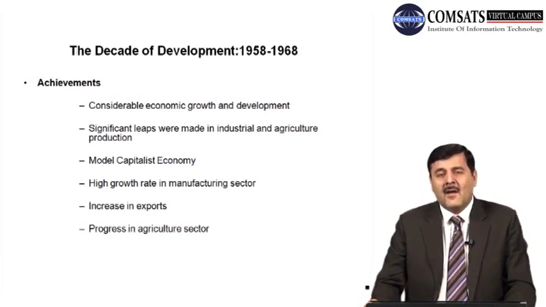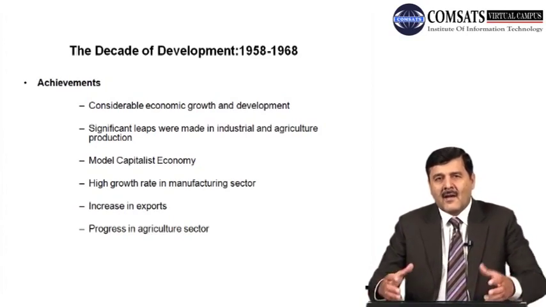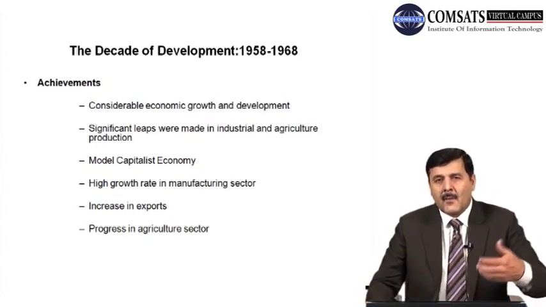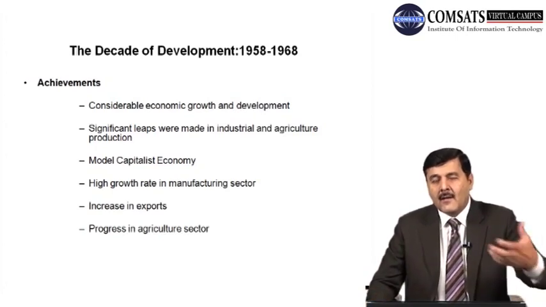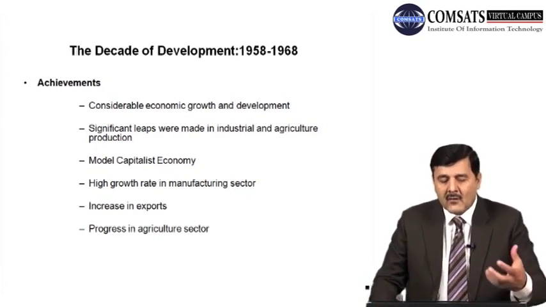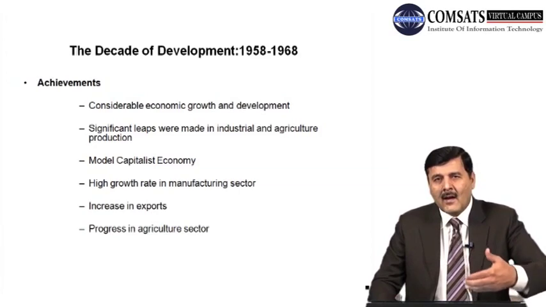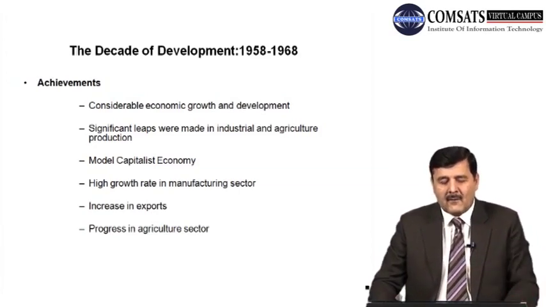Basically this is an economy in which everyone has the right to invest in the economy, to be part of the economy as they decide. तो वो कैपिटलिस्ट इकोनॉमी जिसमें हर एक इंडिविजुअल को अपनी इनकम खर्च करने का, इन्वेस्ट करने का राइट होता है जैसे वो चाहे. In this way the economy started progressing in a positive way.